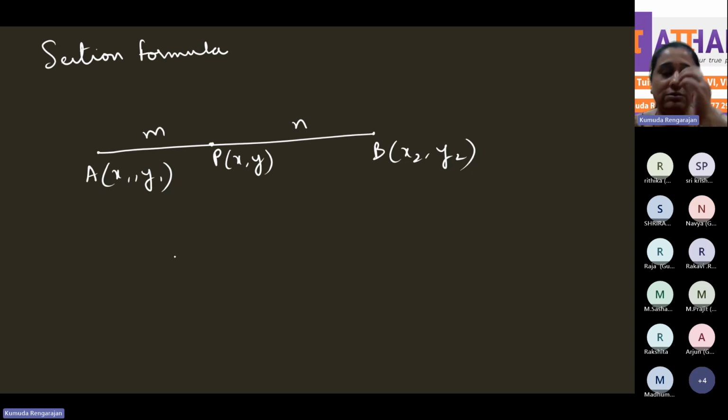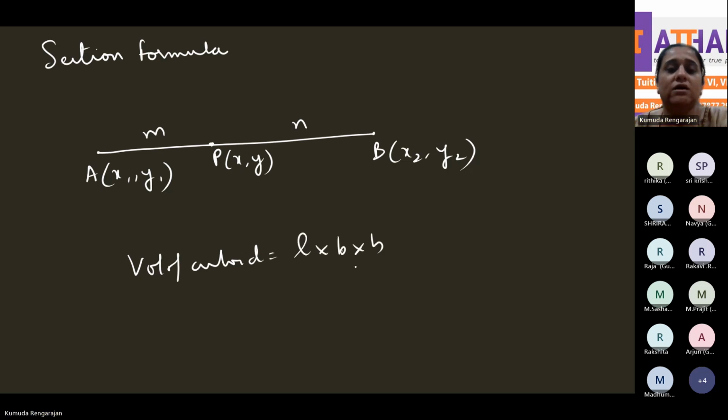Now, what do I mean by saying the direct use of the formula is to find the coordinates of P? What I mean is, when you have the formula volume of cuboid is equal to L into B into H, the direct application of the formula is to find the volume of the cuboid given the length, breadth, and height.